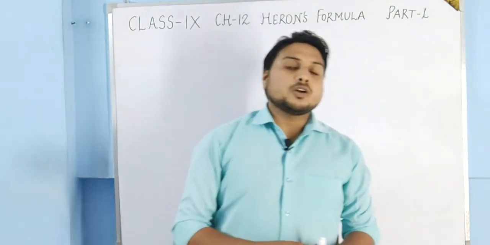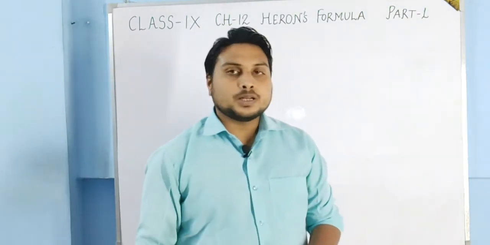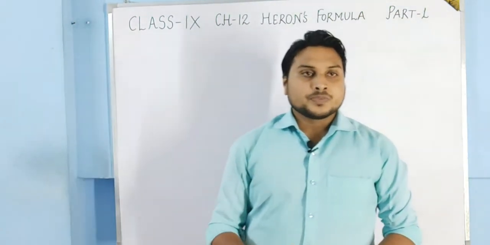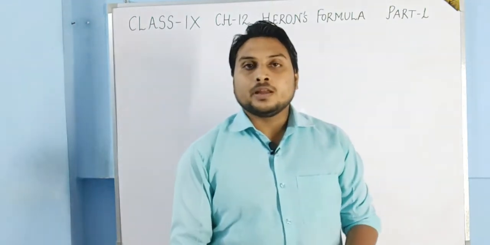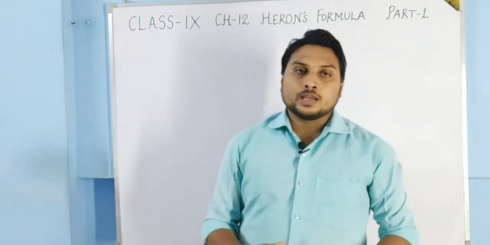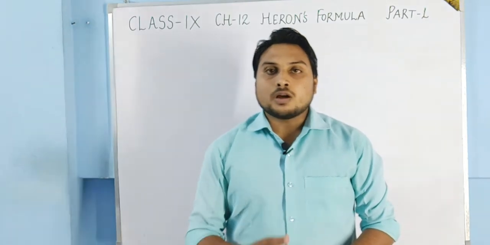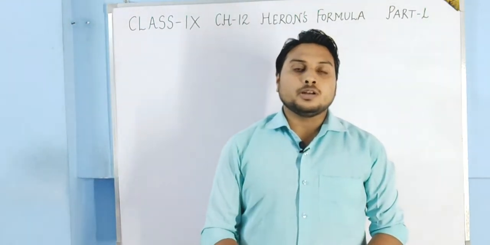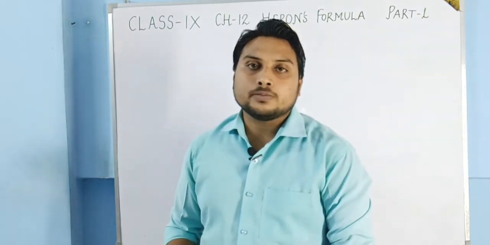According to the new syllabus of CBSE, some part of this chapter is now removed. If we talk about NCERT, whatever is there after exercise 12.1 is now removed from your syllabus.